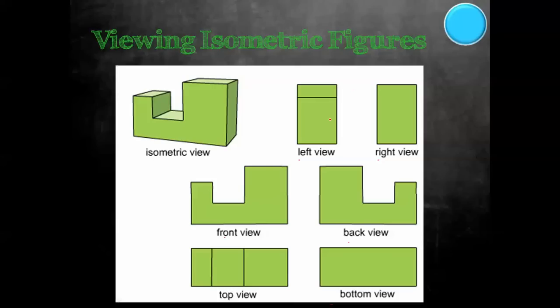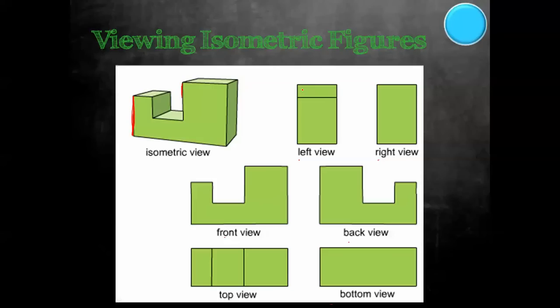So, for example, if I'm looking at the left view of this figure right here, I know I'm looking at rectangles. I have this tall rectangle, and if I was looking at it from the left, this tall rectangle is blocking my view of the bottom part of this figure. So all I would see then is a short little rectangle there on the top.